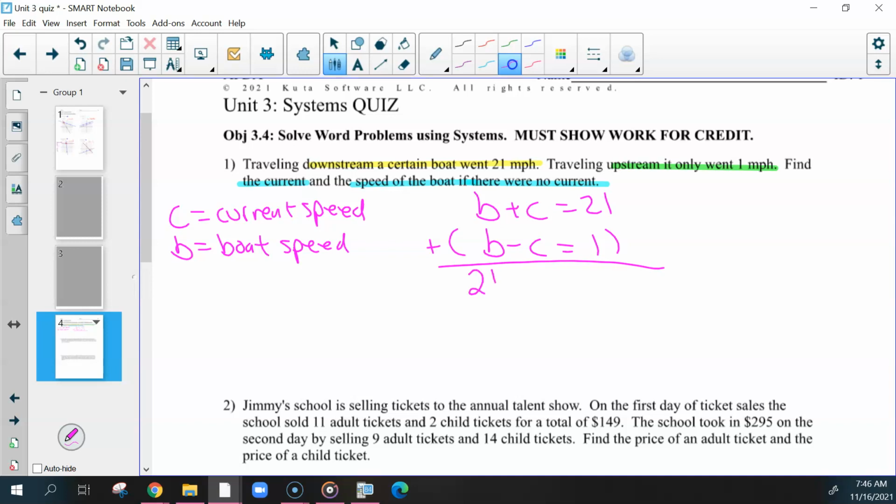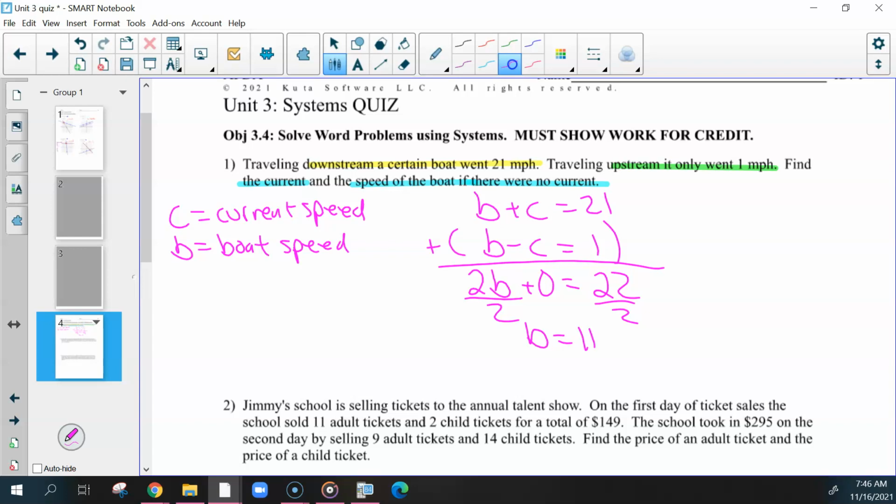So this would be 2B, C plus a negative would be 0. 21 plus 1 is 22. Now I can solve for B. And we need units.